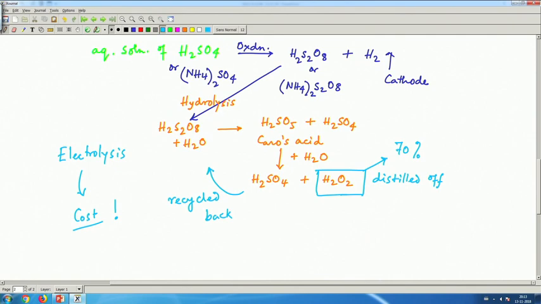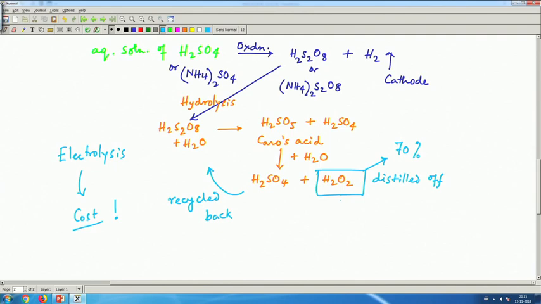So, the countries where we have very good availability of electricity, and the electricity is also cheaper, can afford this electrochemical technique for the production of hydrogen peroxide.